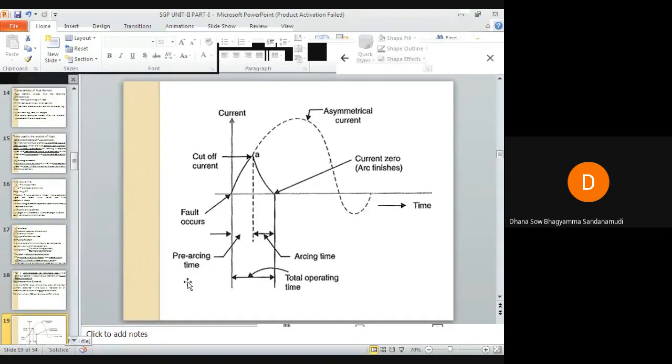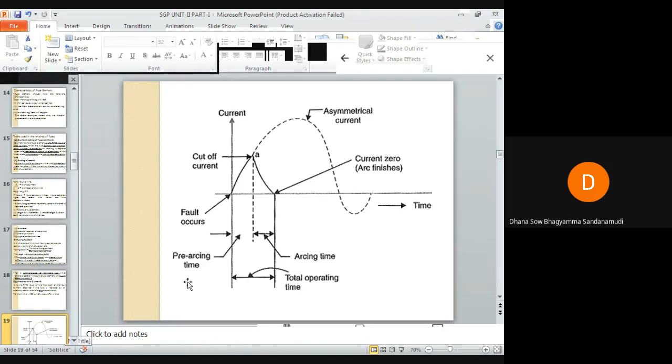Now when the short circuit has occurred, definitely a fault current will flow through that circuit. When a fault current flows through that circuit, the fault current may not have symmetry.